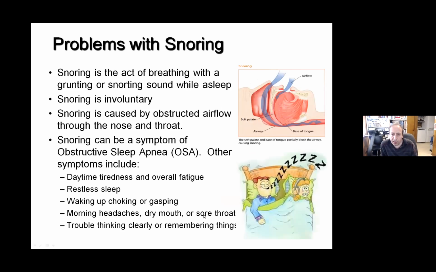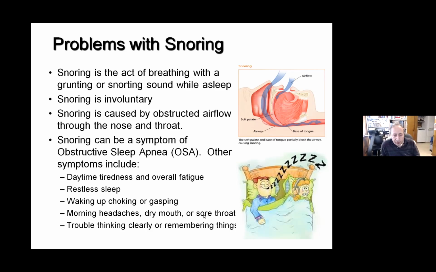Now, many people suffer from snoring. It could occur in normal people, or if you are tired, and it's involuntary, and only the people around you will notice it. Nobody will notice his or her own snoring at night.